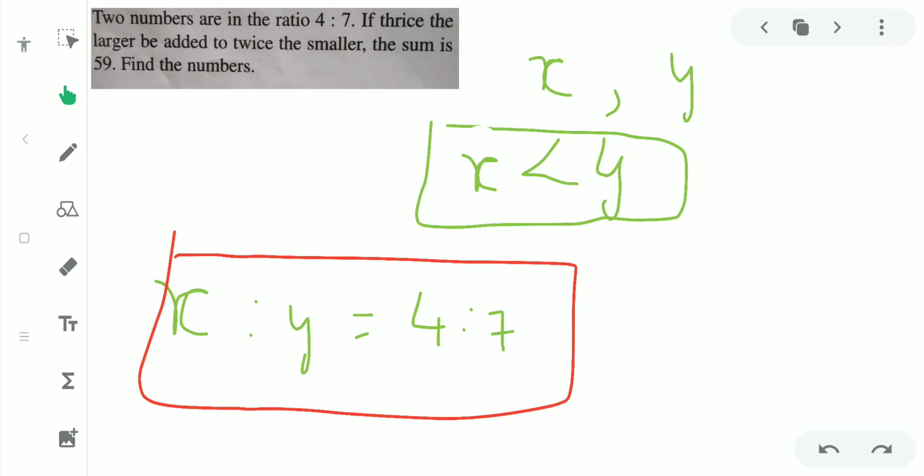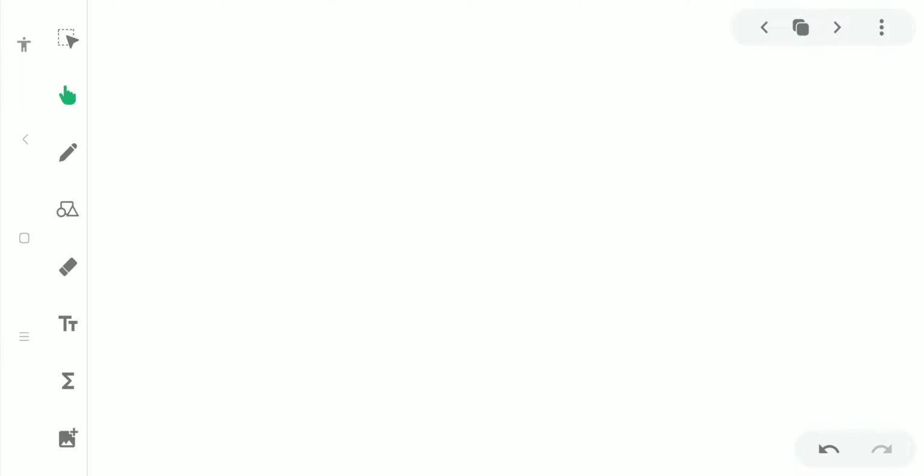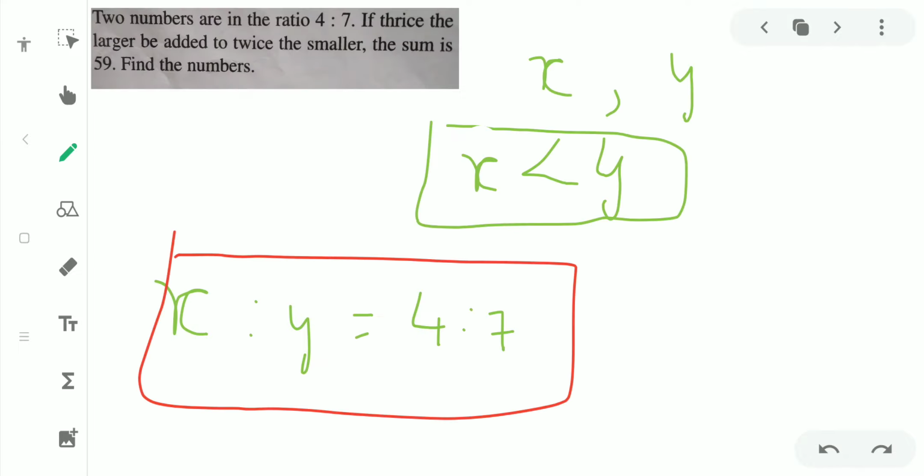Thrice the larger is nothing but 3y, is added to twice the smaller.